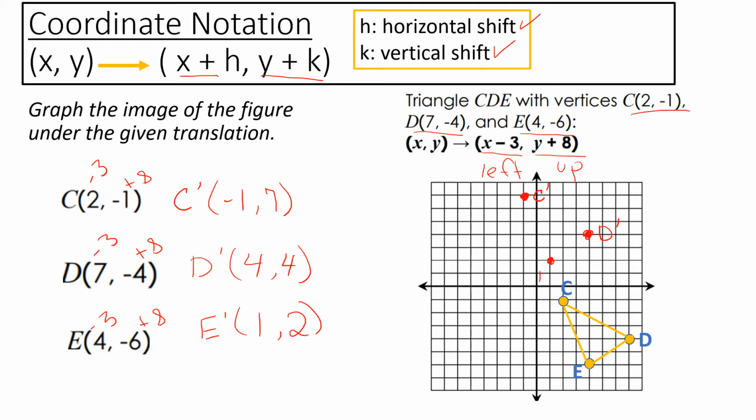So that is my E prime here, and then I will simply connect my points, trying to draw a straight line here. All right, as you can see, we've translated this figure 3 units to the left and 8 units up. We've translated that figure.